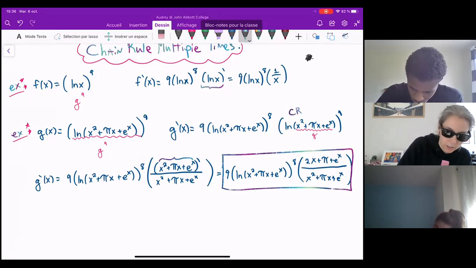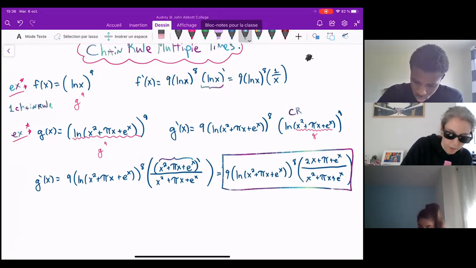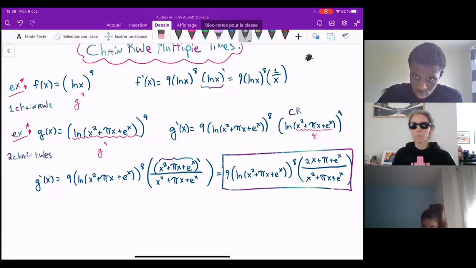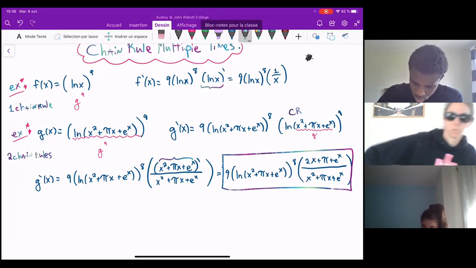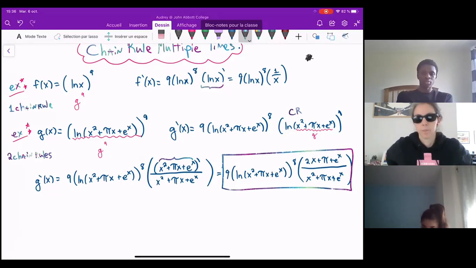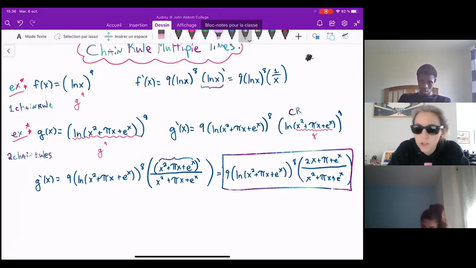So the first one was 1 chain rule. The second one was 2 chain rules. Are there any questions about how I identified those 2 chain rules and how I went about approaching the problem?